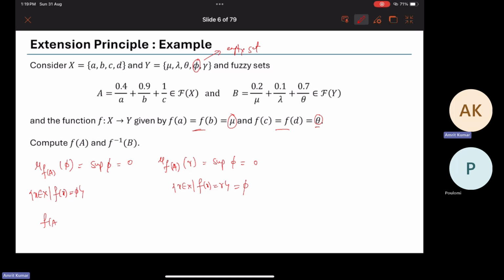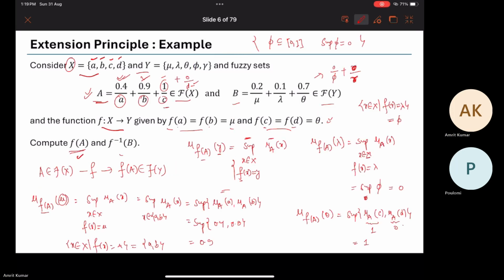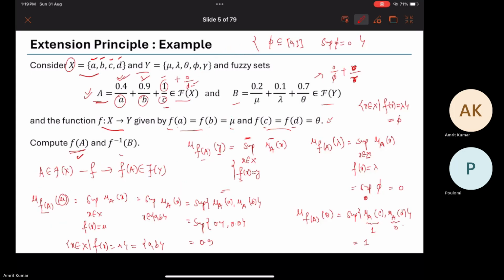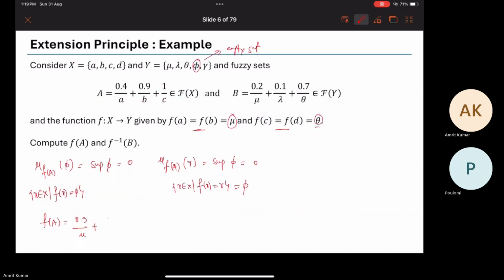So our f of A is 0.9. So this is our fuzzy set f of A. Okay. I hope this is clear. Is there any doubt?